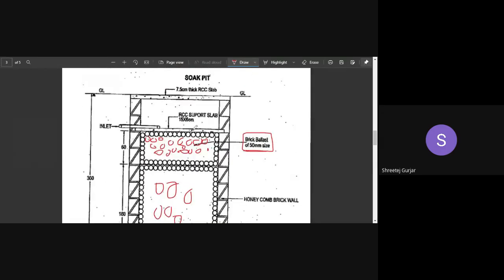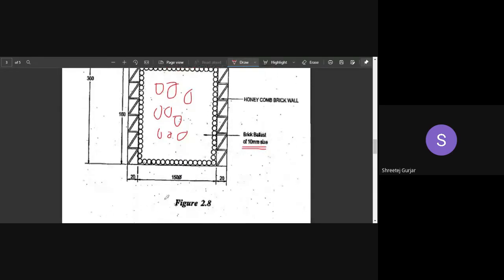Next, one more extra thing you can observe here. We have an RCC support slab. We need to estimate it along with the main roof slab, so we'll consider that in the calculation. The rest of the dimensions are given, no problem. The inner diameter is 150, and the wall thickness is 20.